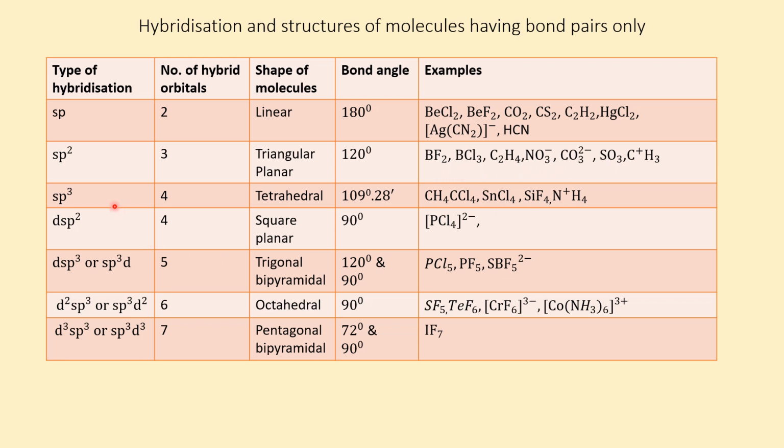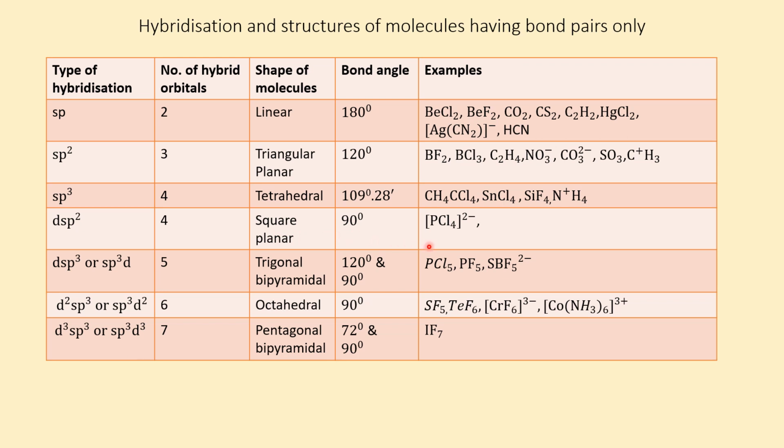For sp3, where the number of hybrid orbitals is 4, the shape of molecules is tetrahedral and its bond angle is 109 degrees 28 minutes. And examples are CH4, CCl4, etc. For dsp2, the number of hybrid orbitals is 4 and the shape is square planar, angle is 90 degrees.